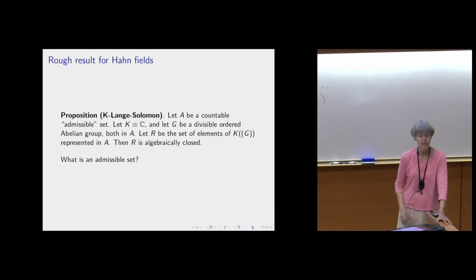So here's a very rough result for Hahn fields. If A is a countable admissible set, and K is algebraically closed of characteristic 0, and G is a divisible ordered abelian group, and these are both elements of A, we can look again at the set of Hahn series that are represented in A. So that there is an ordinal in A and a function in A that maps that ordinal to pairs in K cross G, so that we actually represent our Hahn series.